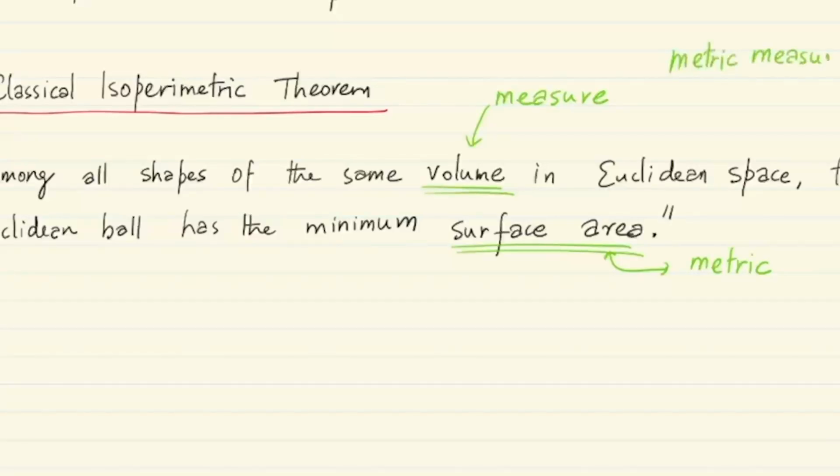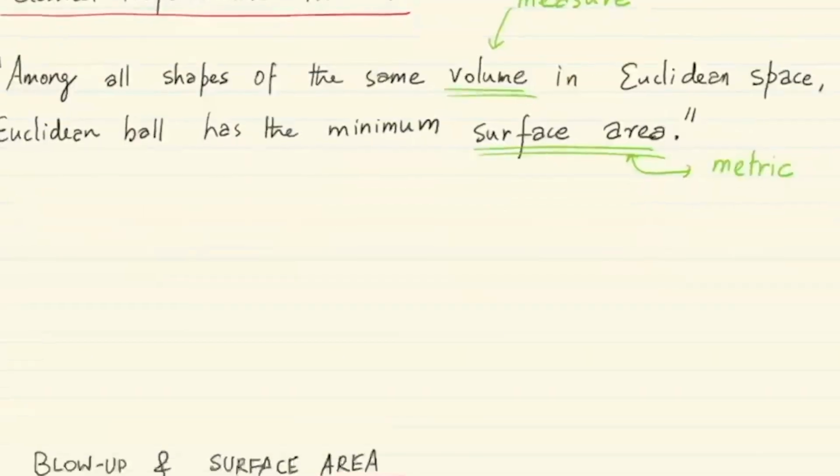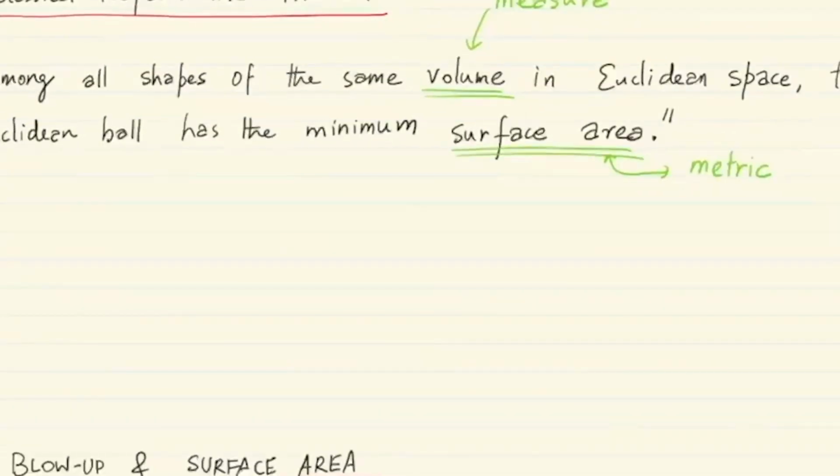So in all that follows, in the background we will always assume that we are working in a space that has both a notion of a metric or a distance measure as well as a volume measure. Again, coming back to a statement like the classical isoperimetric theorem, let's be a little more precise about what we mean by volume and surface area.